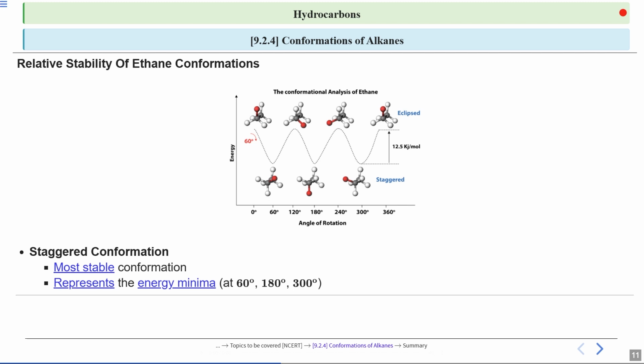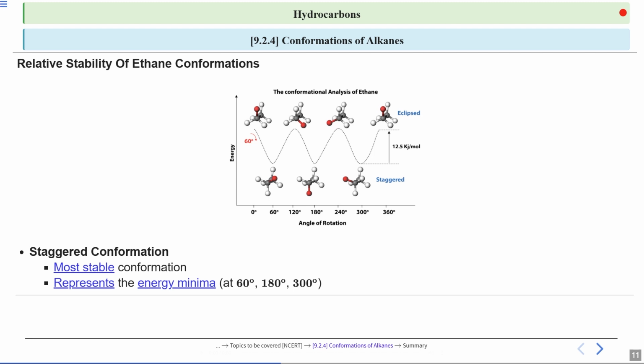Now, why does this instability occur in the case of eclipsed and not in the case of staggered? I think we have talked a lot about this in the previous class, where we saw that in the eclipsed conformation, we have an extra instability factor, which is the torsional strain. This is not seen in the staggered conformation of ethane. Of course, steric strain is absent in both eclipsed and staggered conformations.